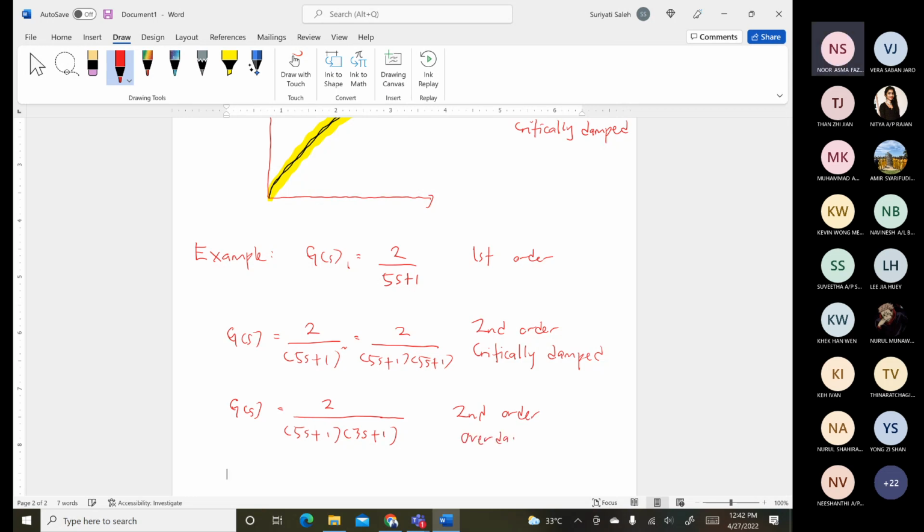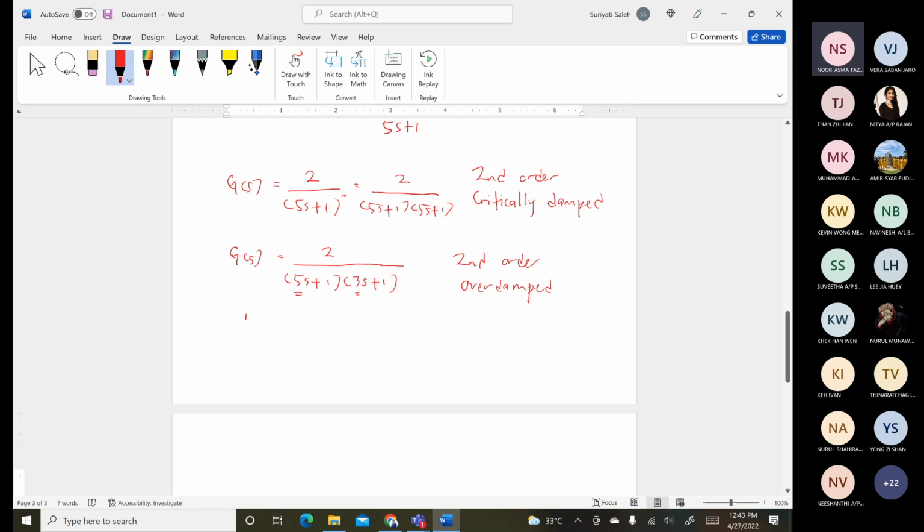Automatically we can say overdamped because you have two different tau values. This is 5, this is 3. So if we want to find the roots, negative 1 over 5, negative 1 over 3. So you have two different roots. Automatically it's unequal roots, which contribute to the overdamped response for second order.